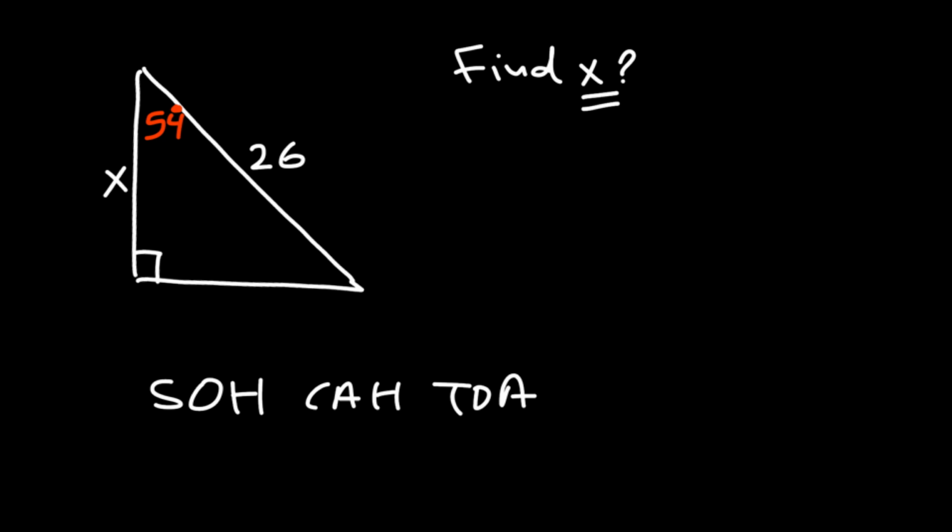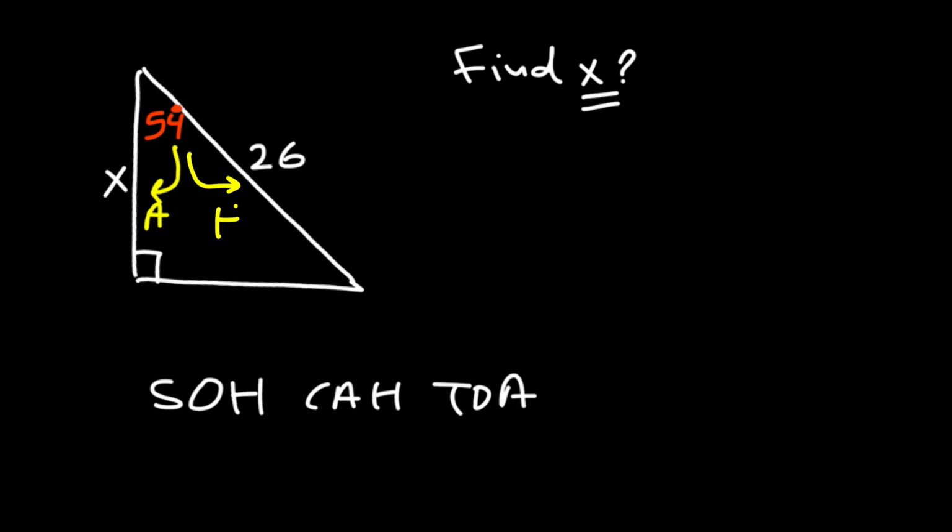Now I have to decide which one to be used for solving this question. Now, if you see, I have been given one angle here, which is 54. Now I will imagine myself standing here, and they are requesting us to find the side which is adjacent to the angle 54. So I will just write A as a shortcut for adjacent, and we have been given also the hypotenuse, which is this one.